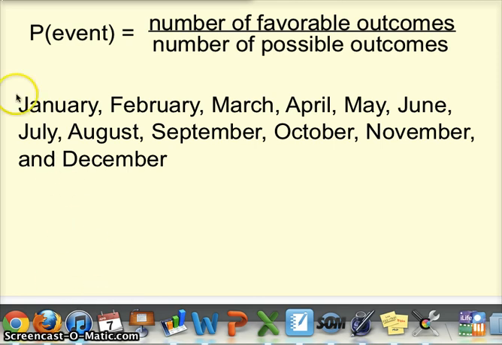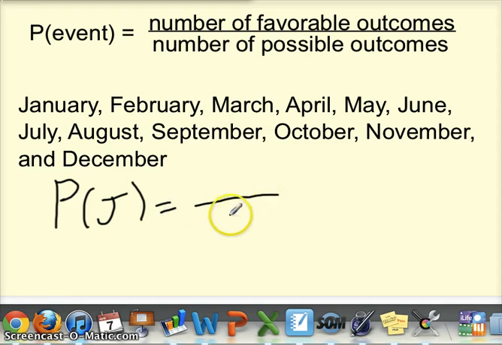So let's start by writing the equation. I know that I'm looking for the probability, and the event is pulling a month with the letter J, so I'm just going to put probability of J. That's going to be equal to the number of favorable outcomes divided by the possible outcomes.